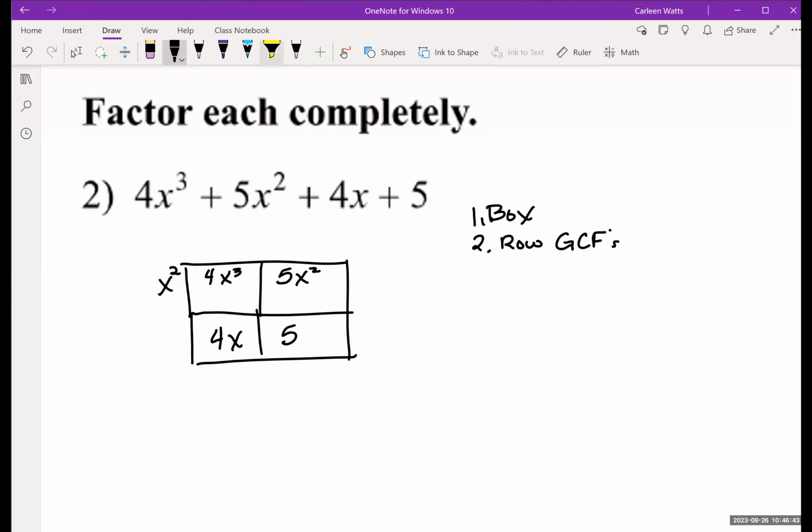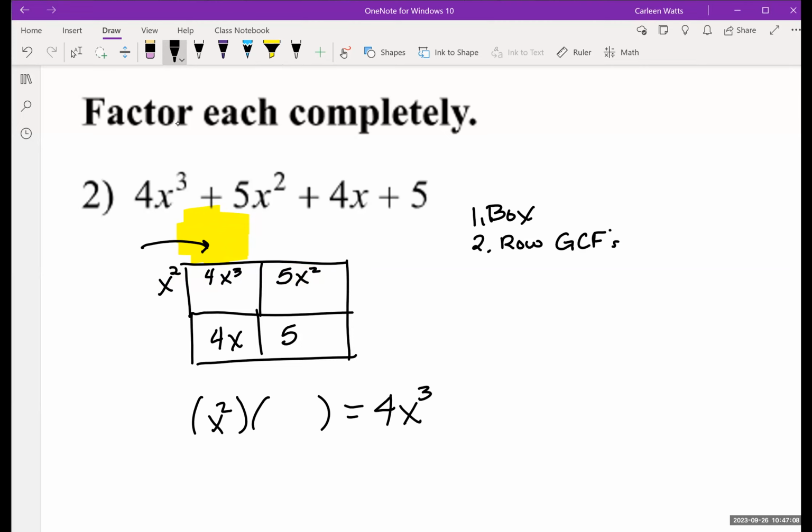Okay, so now I'm going to multiply. Now we've been practicing with the box. So x squared times something gives me 4x cubed. X squared times something equals 4x cubed.